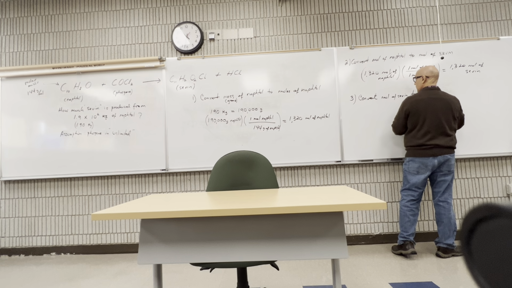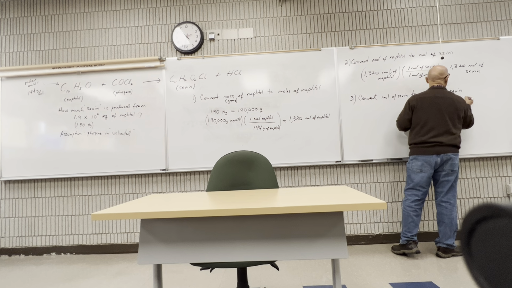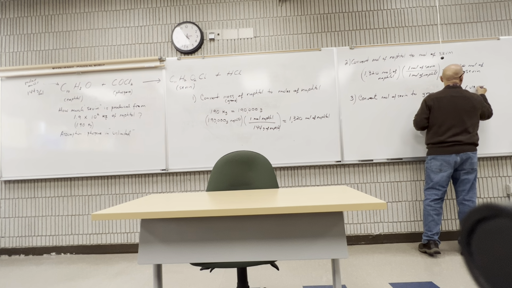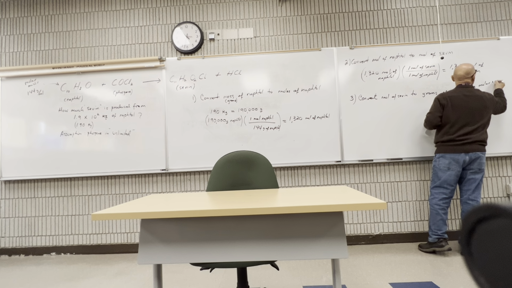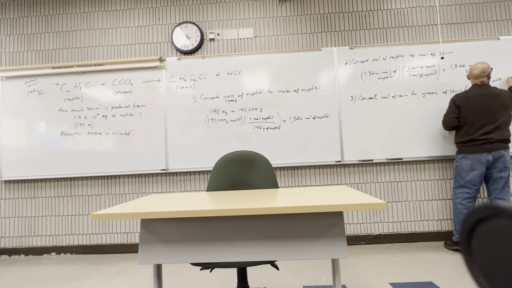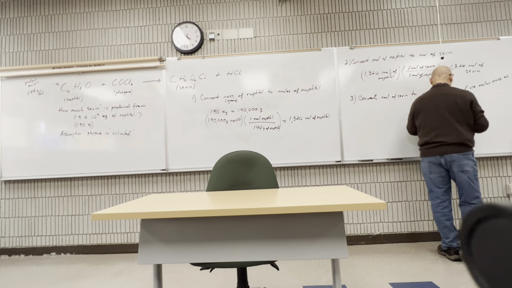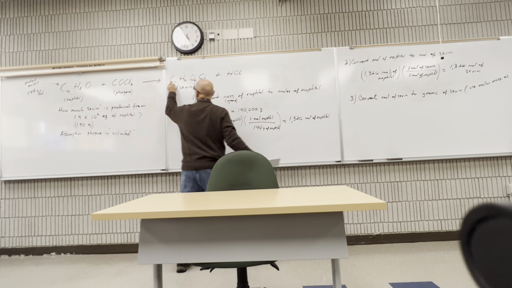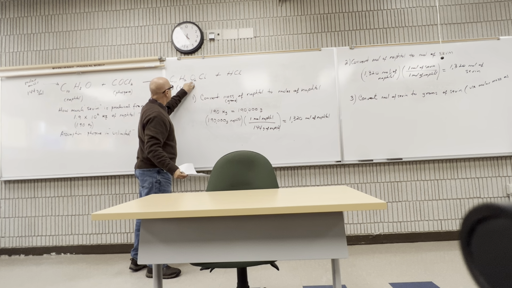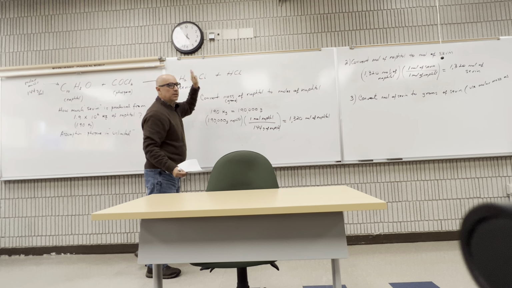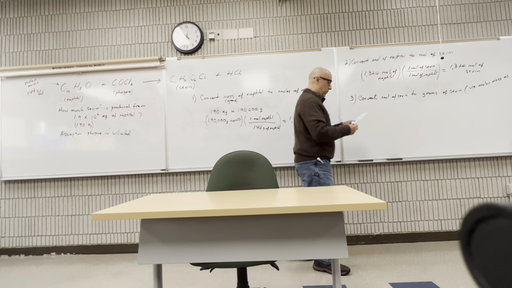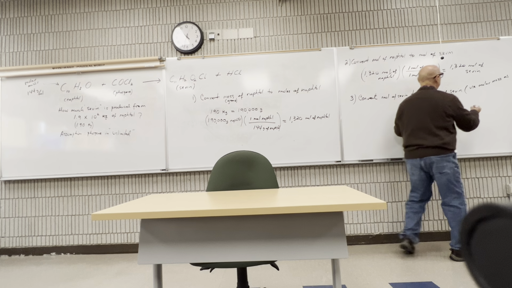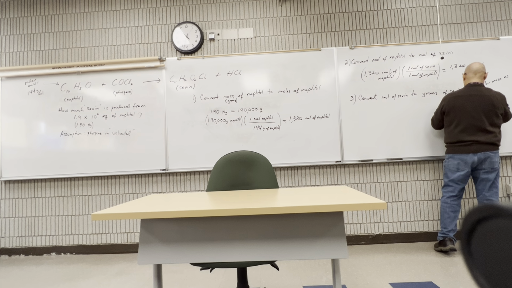So 2, grams. Use molar mass as, I already calculated that for you, and that came from 12 times 11 plus 7 plus 16 times 2 plus 35 something. I came up with 206.45 grams per mole.